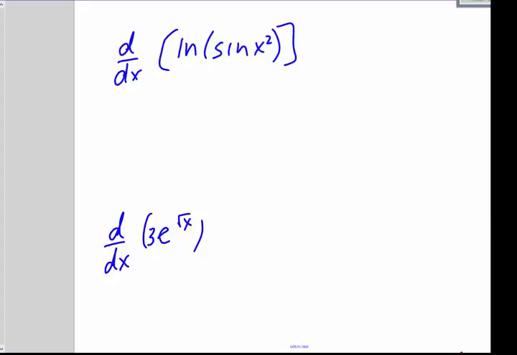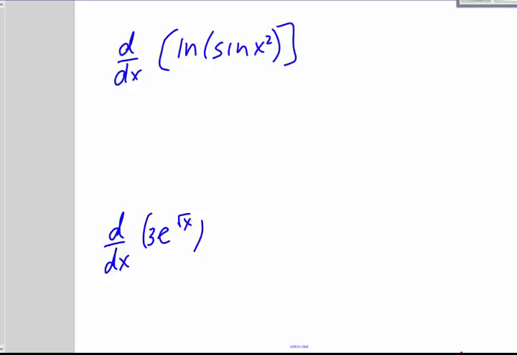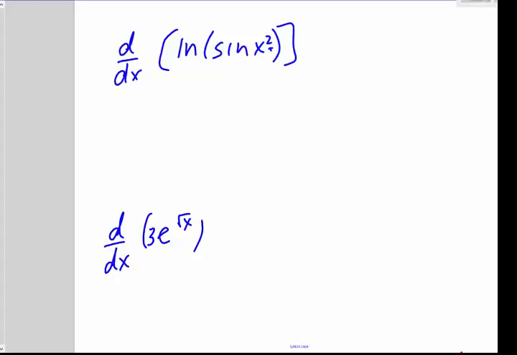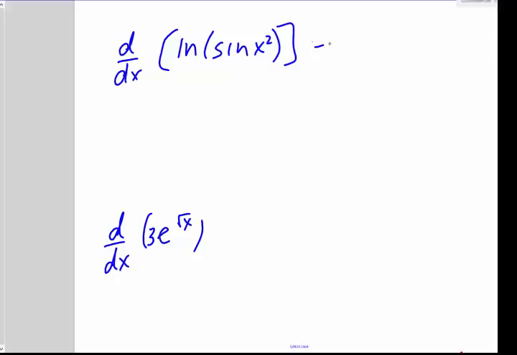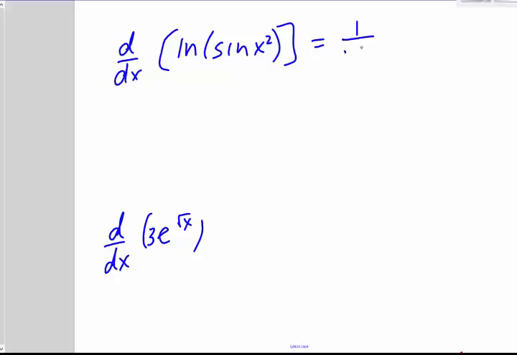So, take a quick look at natural log of sine x squared. Let's remember this squared is only applying to the x term, not the whole sine x term. So if we use our natural log derivative rules, we're going to go 1 over that quantity times the derivative of this quantity. So let's remember we're going to have the derivative of sine is cosine of the same quantity that we started with when we had sine.